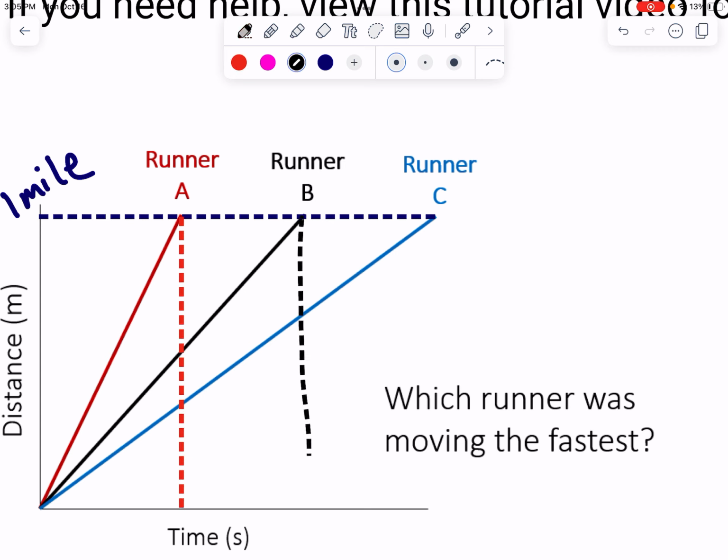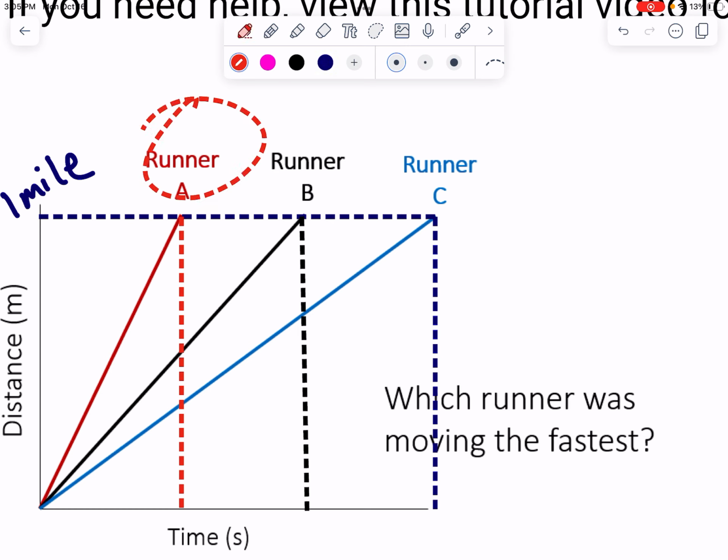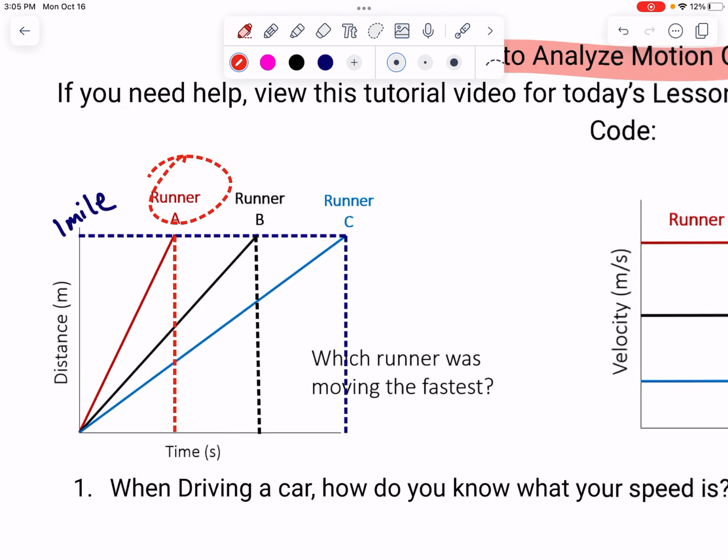Runner B finished at whatever time this would be. And runner C finished at whatever time this would be. So if you're looking at all this information, it should be pretty clear that runner A is the fastest. They ran the same distance as runner B and runner C, but in the least amount of time.